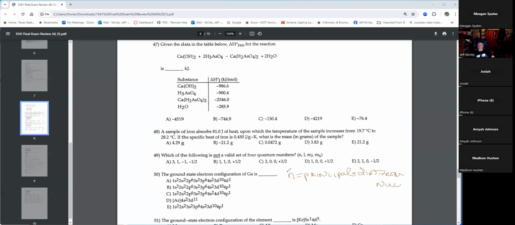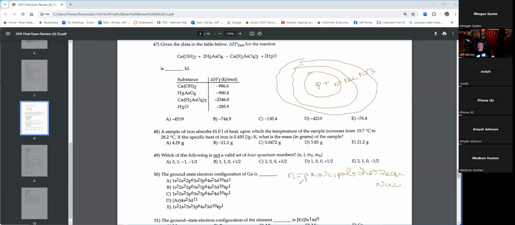And this is the big kahuna. So if this is the nucleus with some number of protons, the distance from the nucleus, those are the N values. Okay, so we would call this N equals 1, N equals 2, N equals 3, etc.